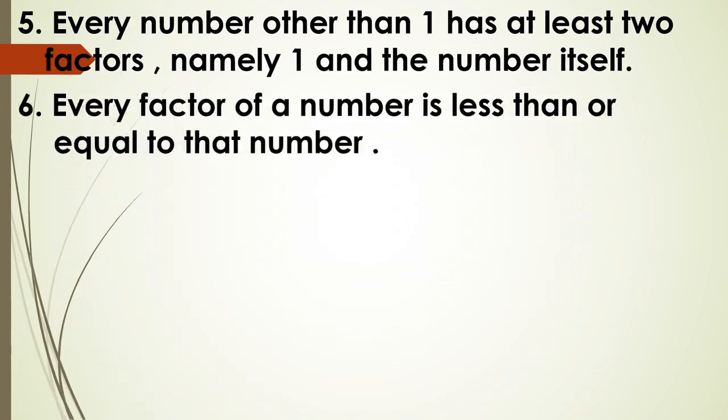Next is, every factor of a number is less than or equal to that number. When you are making the factors of a number, you can check that they are either less than that number or equal to that number. No factor is greater than the given number.